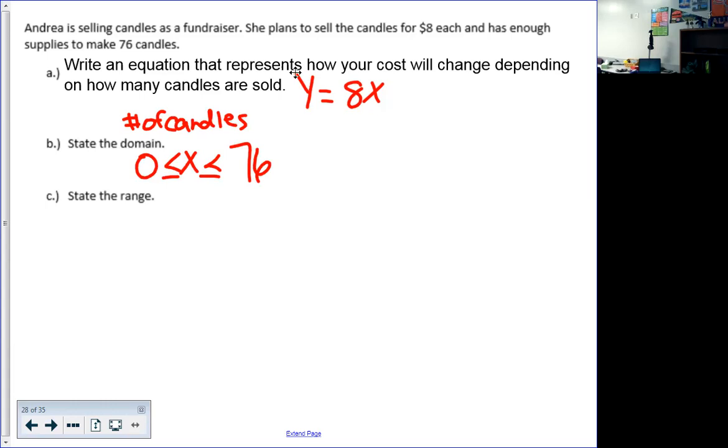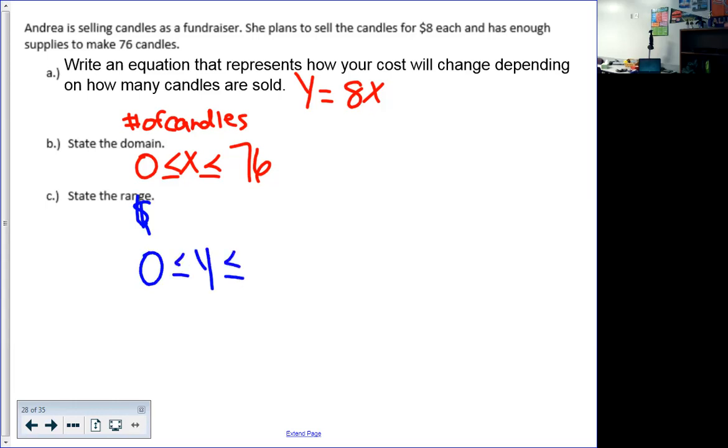Now let's go over our range. What's the range? What does our y represent? Well, x is the number of candles. Range is the money, how much money she makes. Well, what's the lowest amount she can make? Well, if she doesn't sell any, how much is she going to make? Hopefully everyone's saying $0. 0 less than or equal to y.